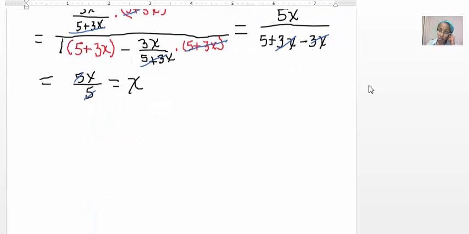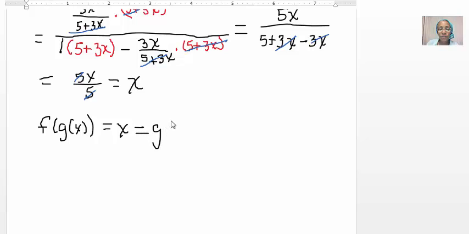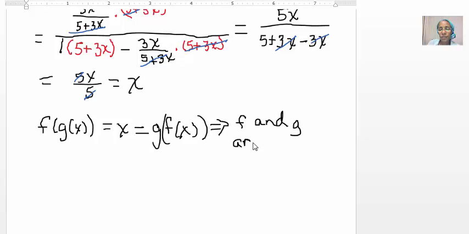So I've actually shown that f of g of x equals x, as does g of f of x. Therefore, f and g are inverses. That's what I'm able to conclude.